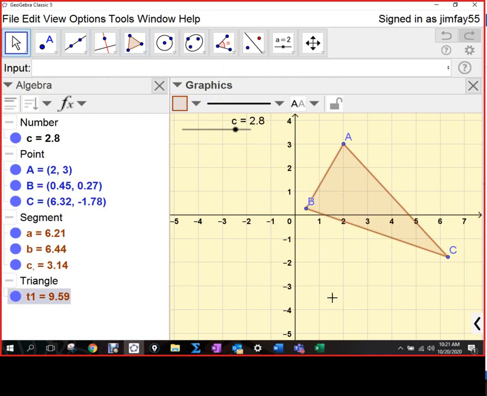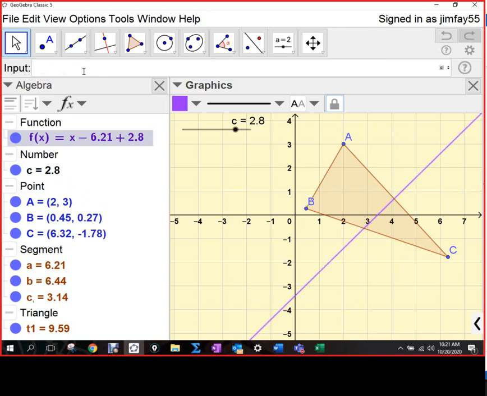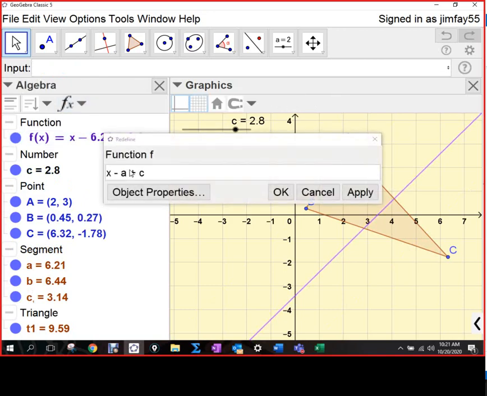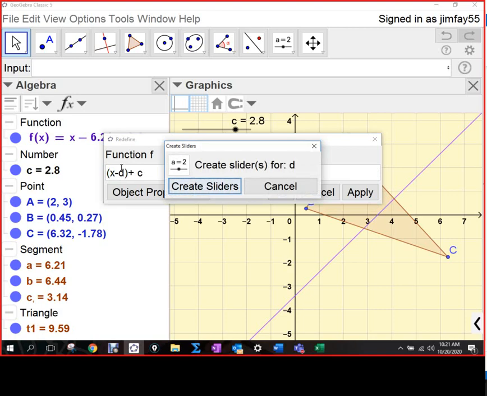Because that's the exact same thing that we're going to do when we take a function like, let's say, f of x is equal to x minus d. I don't want to use a, I already labeled that something.